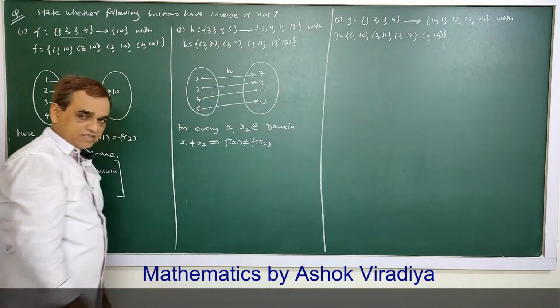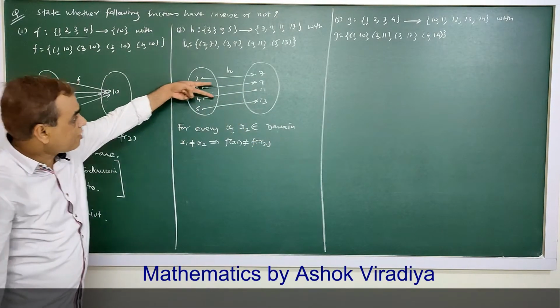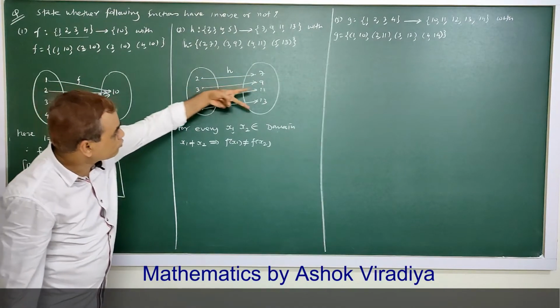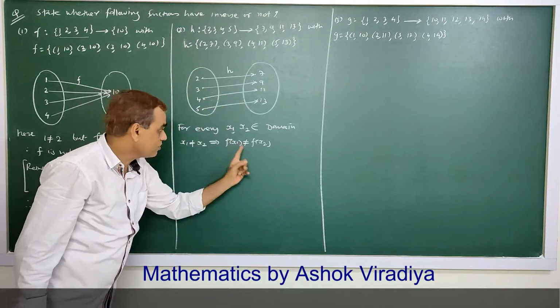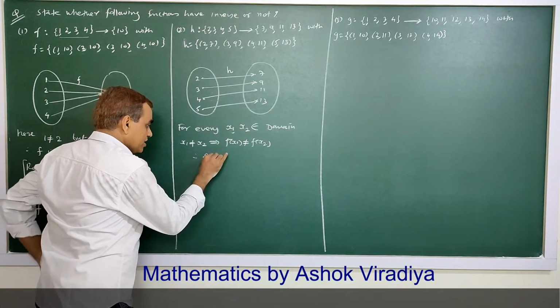These are distinct, outputs are distinct. Select any x1, x2, their images are also distinct. So this function is 1-1.